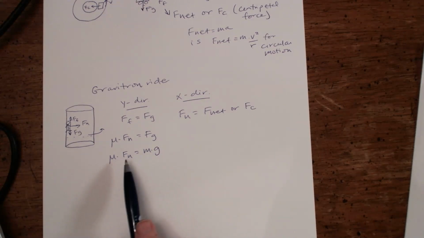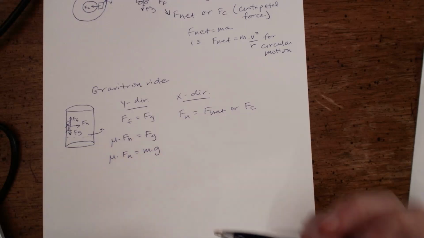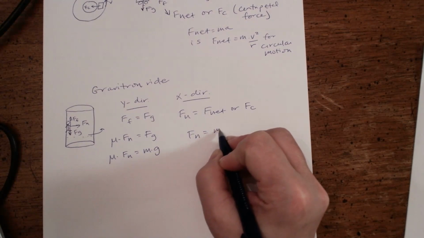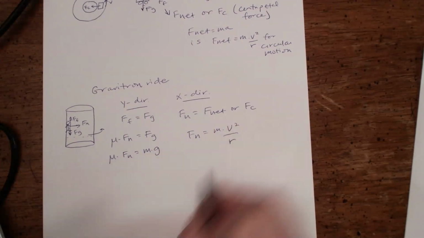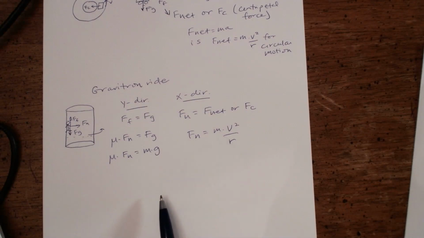And that's in our y direction, okay? So those are equal to each other. In our x direction, we've got normal force equals mass times velocity squared over r, because that is our net force. That is our centripetal force acting on our person who's spinning, okay?